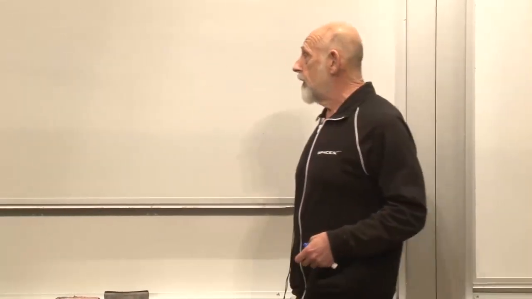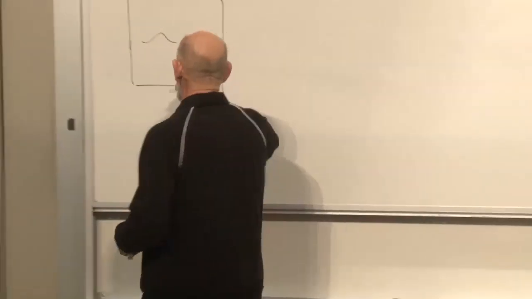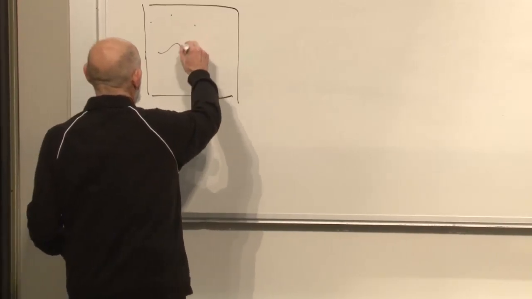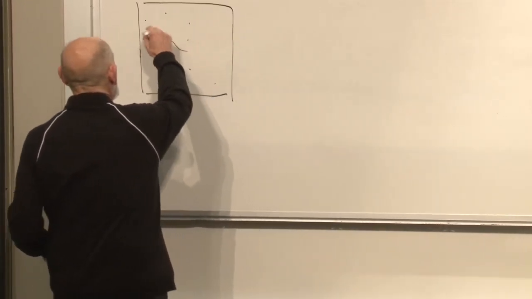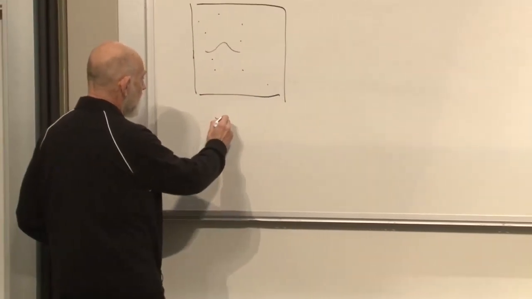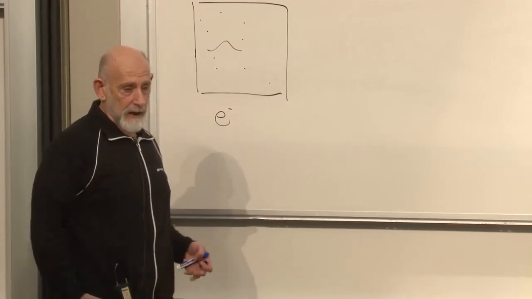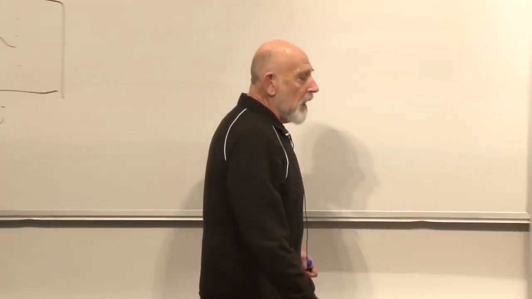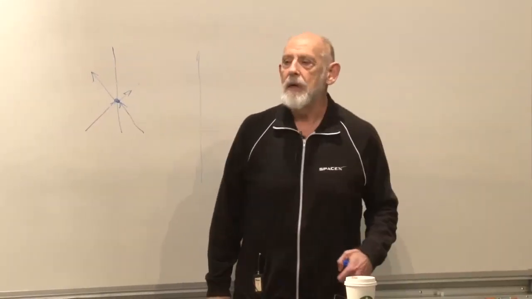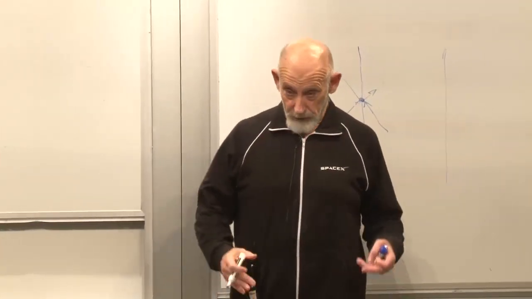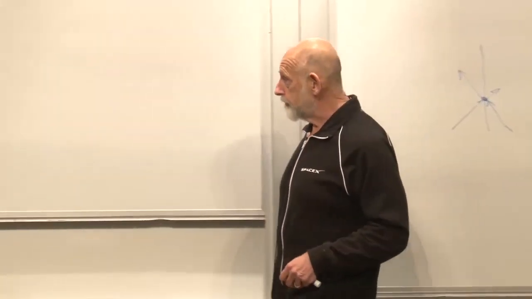If this box contained some density of electrons, let's call them e minus, minus for the fact that electrons have negative charge, then scattering would be efficient, and the box would very quickly come to thermal equilibrium.